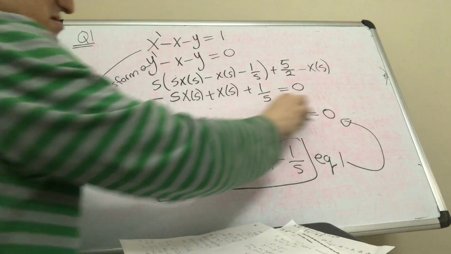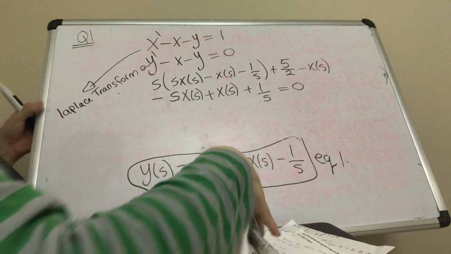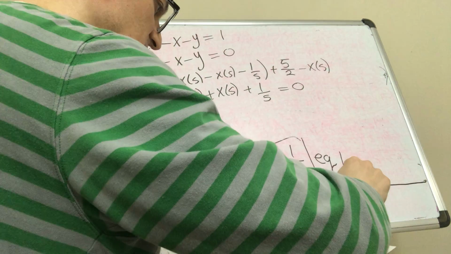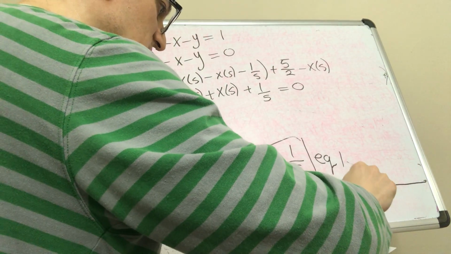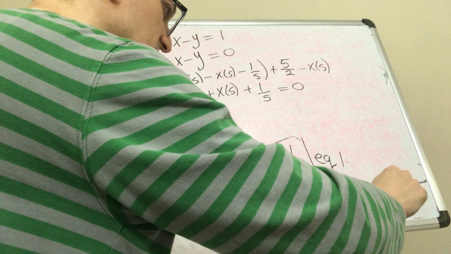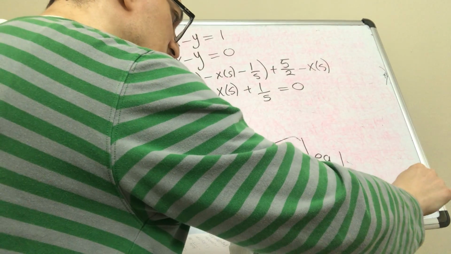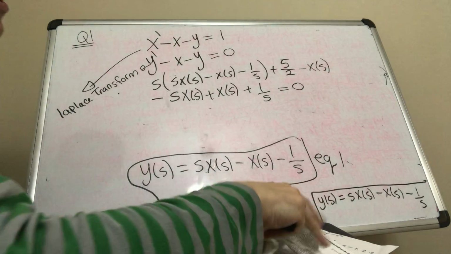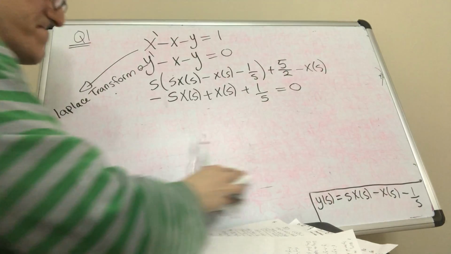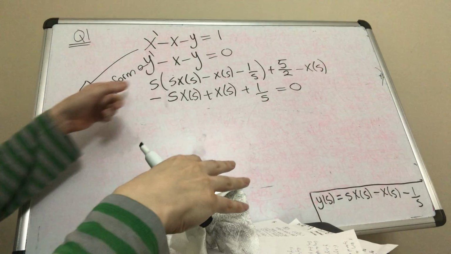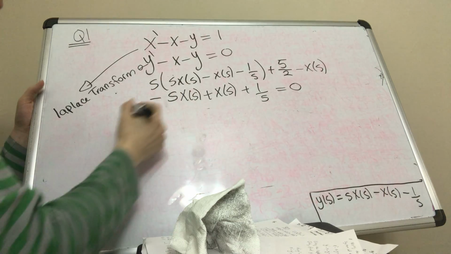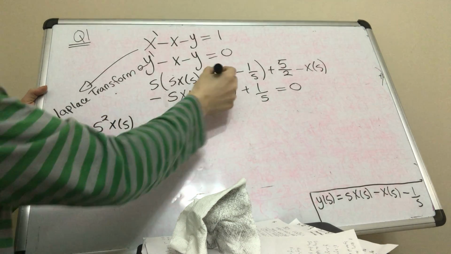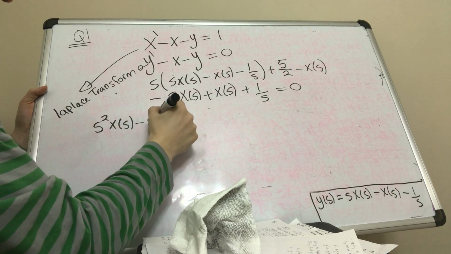I'm going to erase this. Now remember, in fact, this equation I'm going to write here. Y(s) equals s X(s) minus X(s) minus 1 over s. Okay. Now take the s inside, s squared X(s), minus s X(s).